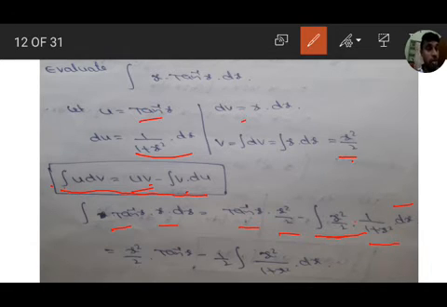Here 1 by 2 is the coefficient outside, so we have x square by 2 into tan inverse x minus 1 by 2 integration x square by 1 plus x square dx.